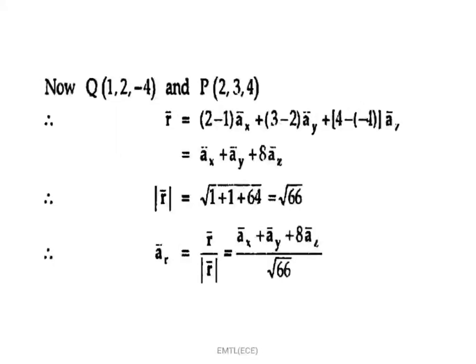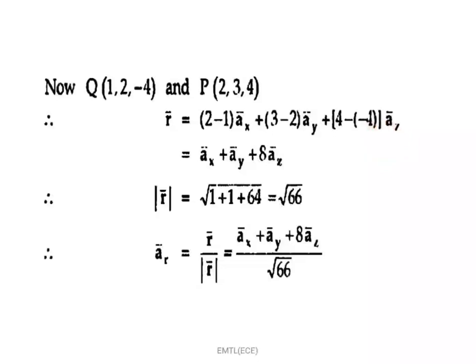First of all, we have to find the distance between these two points, Q and P, and also the vector along the direction Q to P. That is represented by R bar.